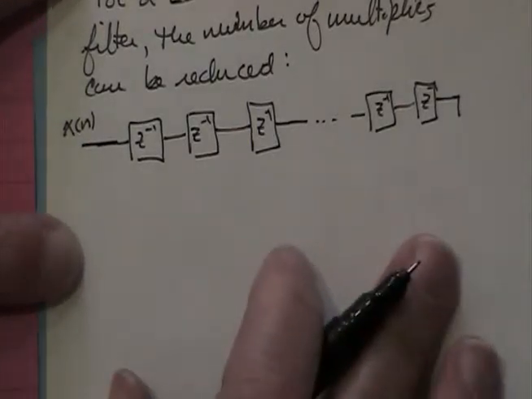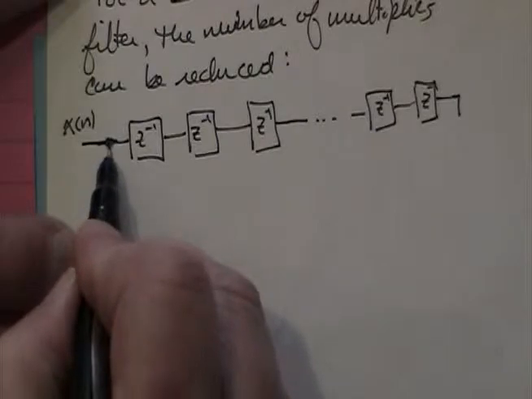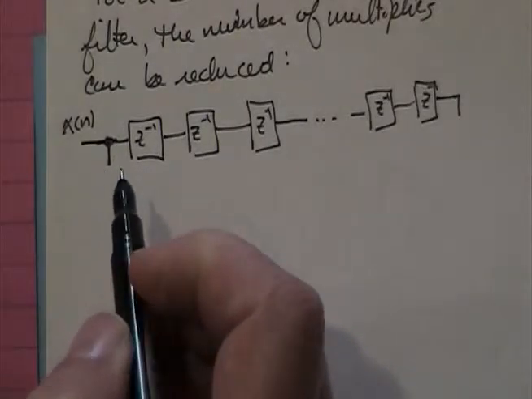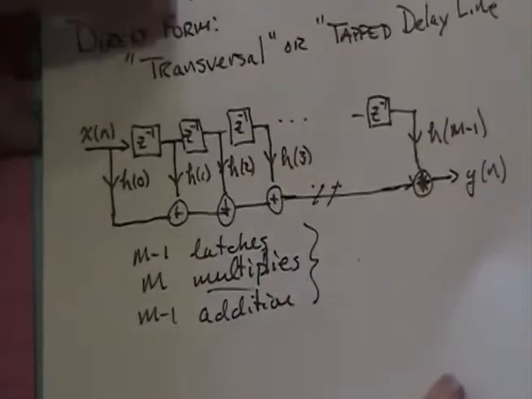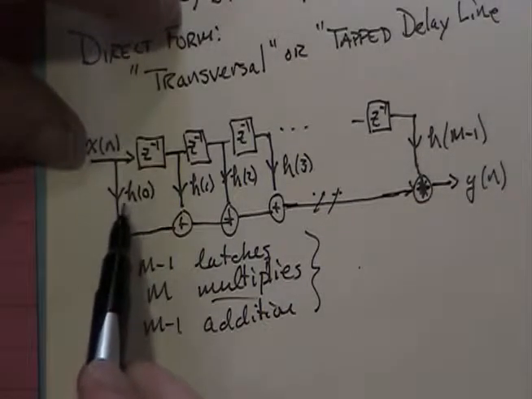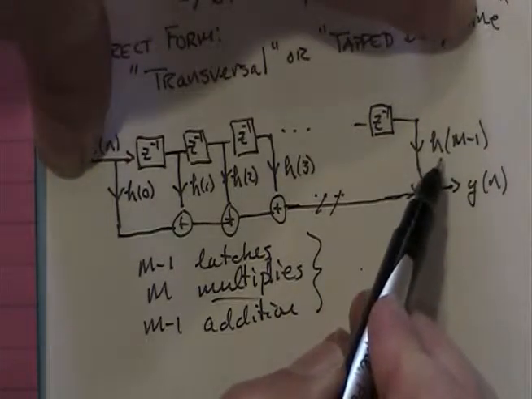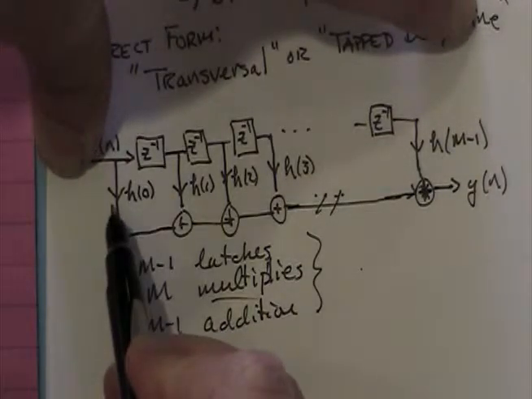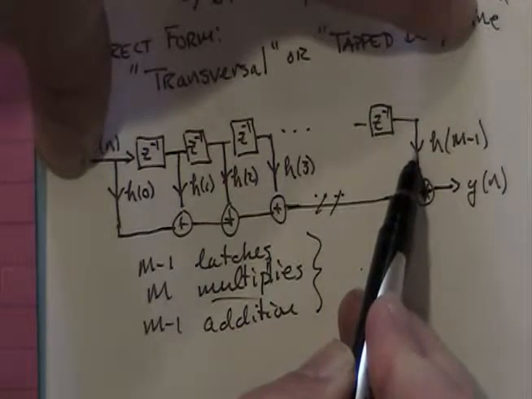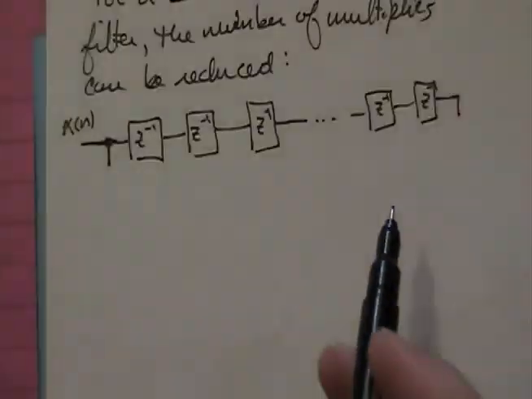In my old picture, that first weight was times h0, and now we're saying if it's linear phase, that's exactly the same as this last coefficient. Instead of multiplying this one by h0 and multiplying this one by the same value and then eventually adding them both up, I'm going to add them first and then scale.